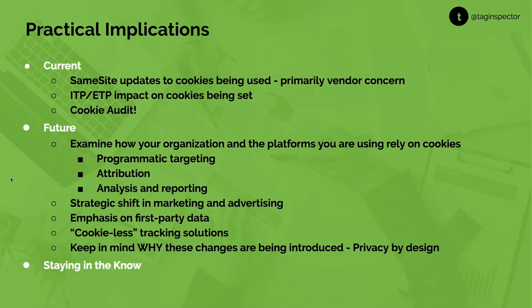If they are not setting those, then by default Chrome will treat those as SameSite equals Lax, and it's going to greatly reduce or inhibit the ability for those cookies to be accessed. Therefore, functionality is going to really fall apart for anything that's reliant on reading those across different domains.